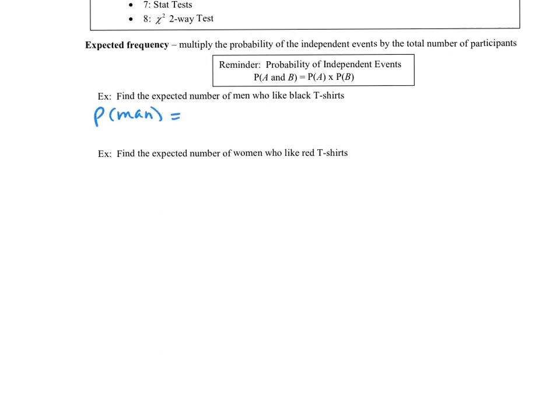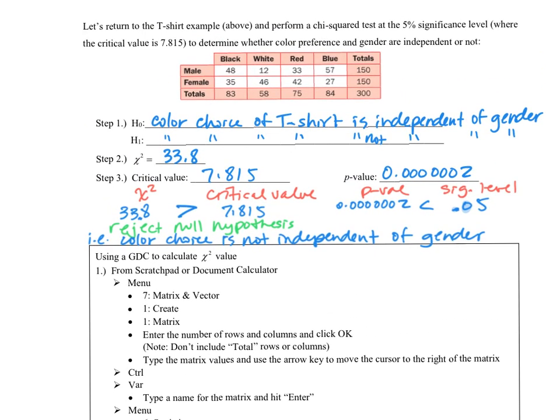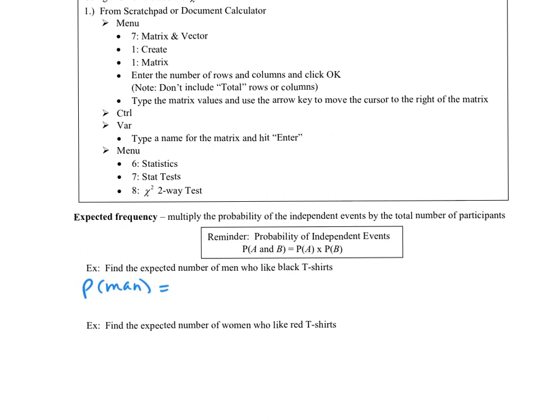Okay, so if we go back to the table, let me scroll up there. Let me find that table. So the probability of a male, well, we have a total of 150 males out of a total of 300 people. So the probability of being a male is 150 out of 300. Now, if you want to write 1/2, you can. I'm going to go ahead and write 150 out of 300 so you'll remember where these numbers came from.